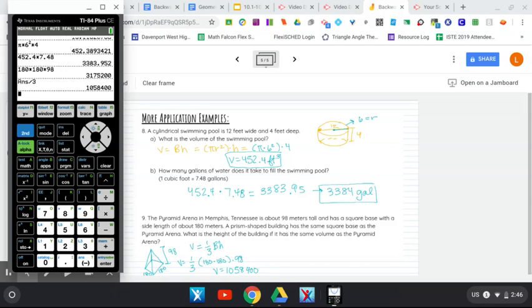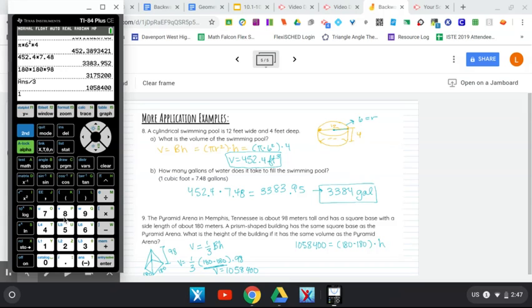All right, so then what we want to do is figure out what the height of this prism is that they're talking about, as long as it has the same square base. So we're going to take the volume we have here. The base is going to be 180 times 180, but the height we don't know. Again, the reason I know the area here, the capital B, is 180 times 180 is because it's the same as the B here, because they share the same base in common.